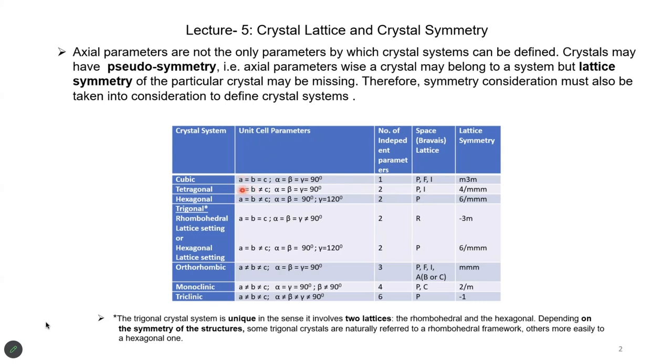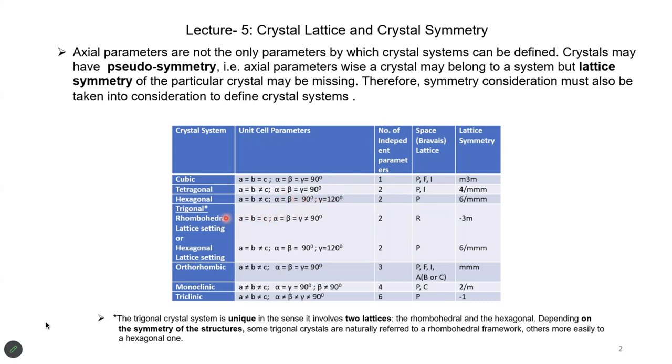Similarly, if we go for tetragonal, we see two independent cell parameters: one is a, another is c. If we go for hexagonal, we again see two independent cell parameters: one is a, another is c. The others are dependent cell parameters. This is already fixed.